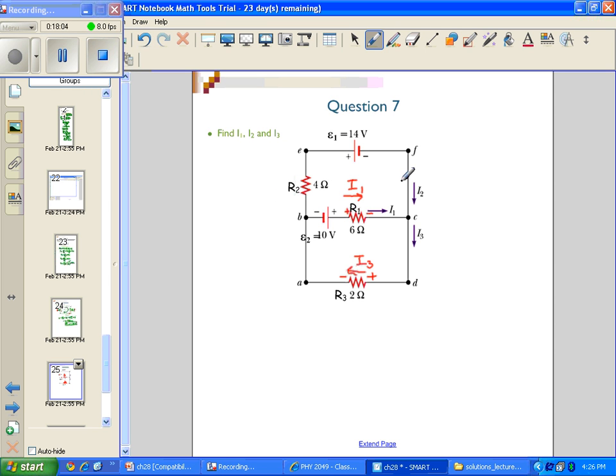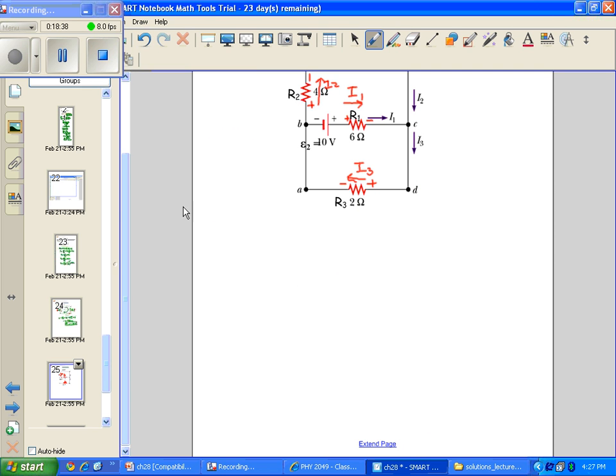I2 flows across here, and therefore it must be that I2, when it passed through R2, went upward in this direction, meaning that this was the positive end and this was the negative end. So we make these notes since they will become very useful for us when we actually use the loop rule. But first, I'm going to go back to green.